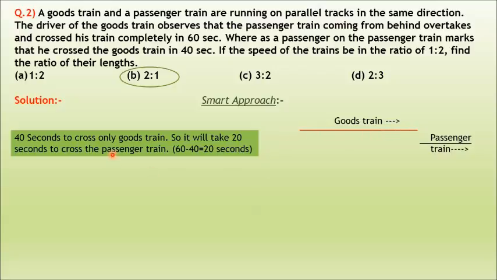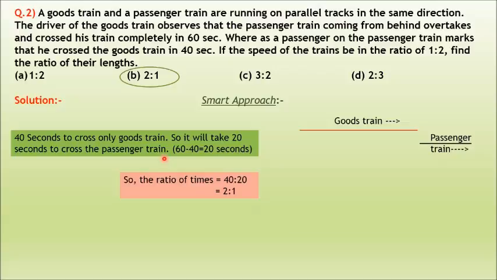If 40 seconds were needed to cross the goods train only, the remaining 20 seconds would have been taken for the passenger train. So we can say the time required to cross the goods train is 40 seconds and the time required to cross the passenger train is 20 seconds. We can see both times are in the ratio of 2:1.